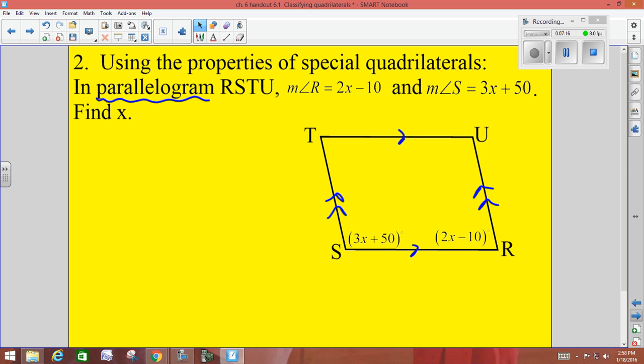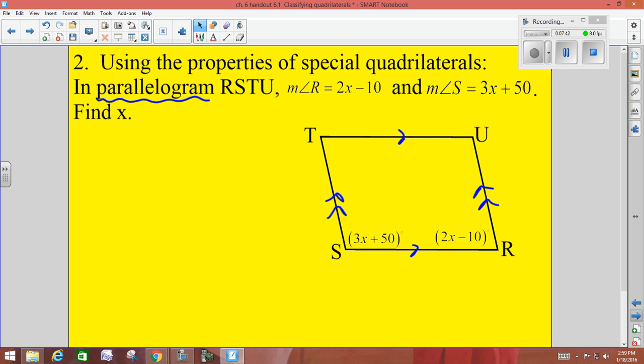Equal it to what? Why? Kind of. Well, I know you have to equal it to 180 because it has to do with parallel lines. Yeah, go back to chapter 3. Parallel lines and transversals.